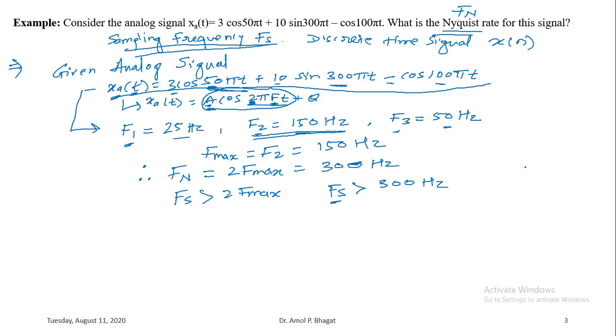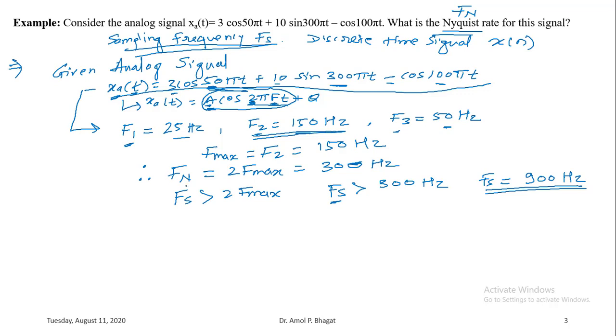So I can consider here the sampling frequency, just for example, fs is equal to 900 hertz. I can take this 900 hertz as the sampling frequency, because you can consider any frequency value greater than 300 hertz. So I can take 900 hertz, or maybe 1000 hertz, that is 1 kilohertz, or maybe 2000 hertz, that is 2 kilohertz, or maybe 50,000 hertz, that is 50 kilohertz, right? So likewise, I can select any frequency greater than 300 hertz as the sampling frequency.